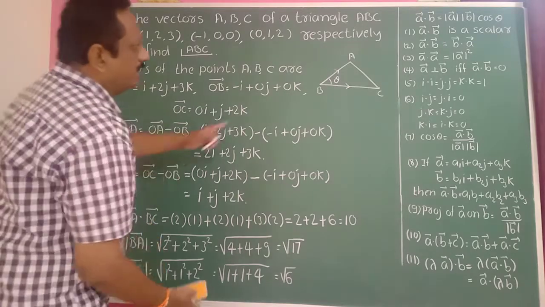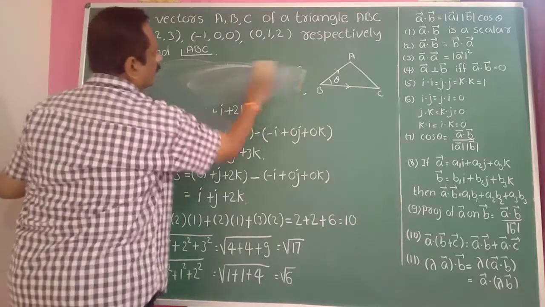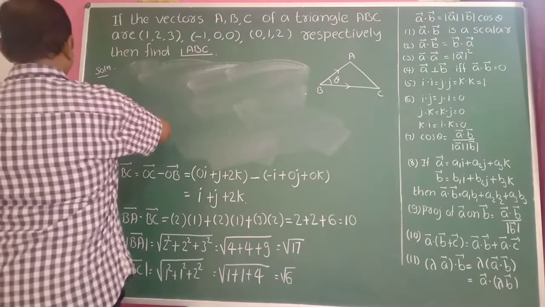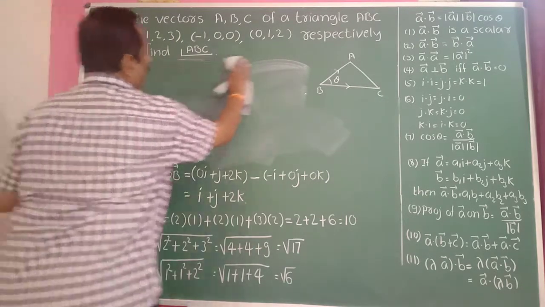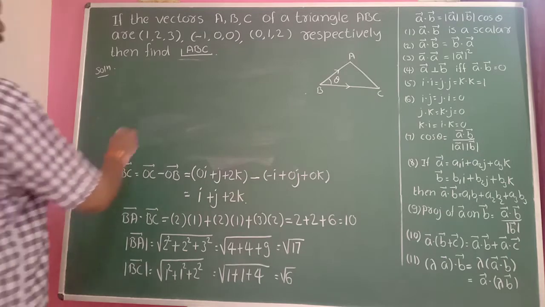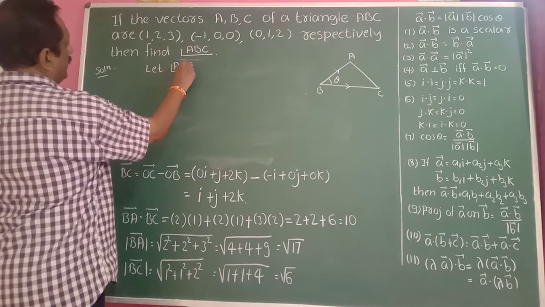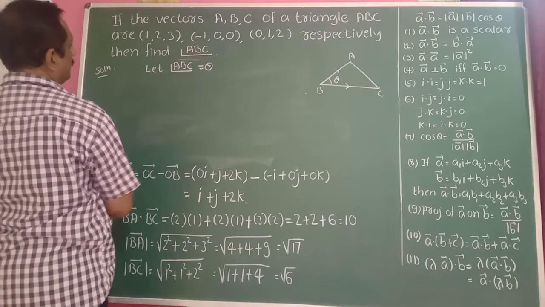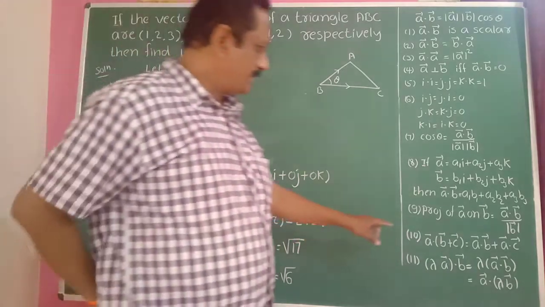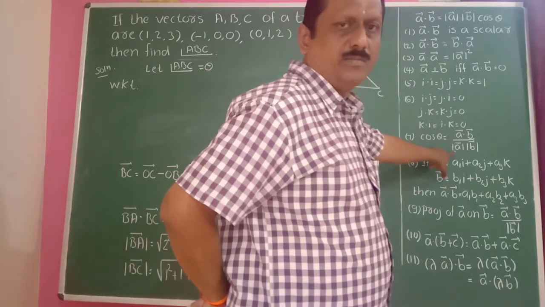Therefore, let the angle ABC be theta. So we know, using this formula, cos theta equals a bar dot b bar divided by modulus of a bar into modulus of b bar.